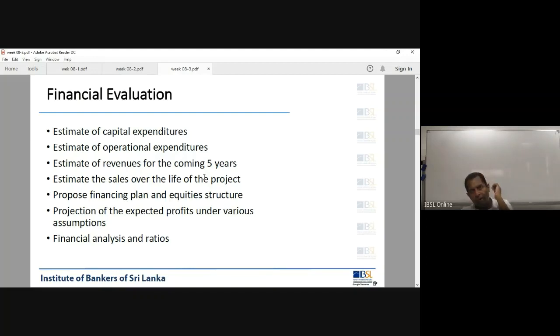So you predict the P&L, then you work out the working capital requirement, you look at the cash flow, the cash ins and outs of the business, and you work out the balance sheet for the future, maybe 5 years, 10 years for the life. Right? That is the financial evaluation.